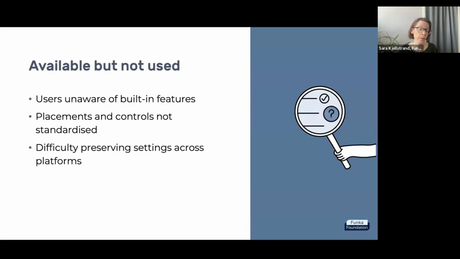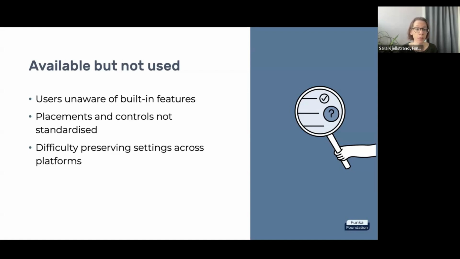In fact, only 50% knew that there was some support they could get, and only 12% could actually show correctly how they use the support. So there's a lot of untapped potential in getting these built-in features out to the users, that the awareness of them is spread.